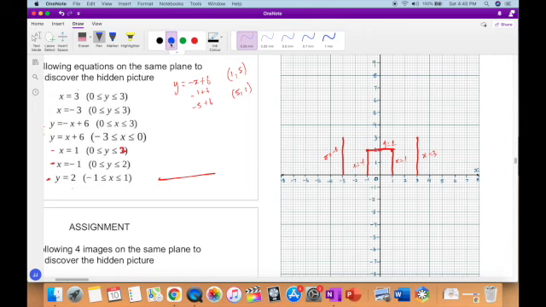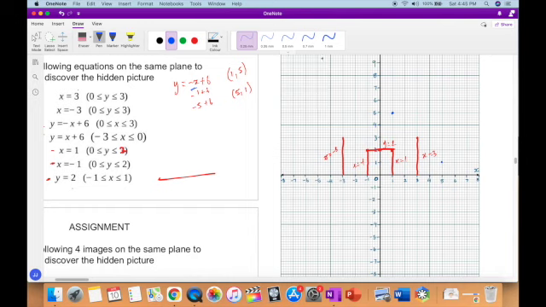Let me plot these two points here now: the point positive 1 and positive 5, and then the point positive 5 and 1. We can see the line going like so, because it has a negative gradient.